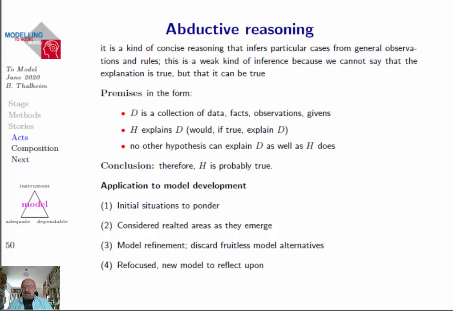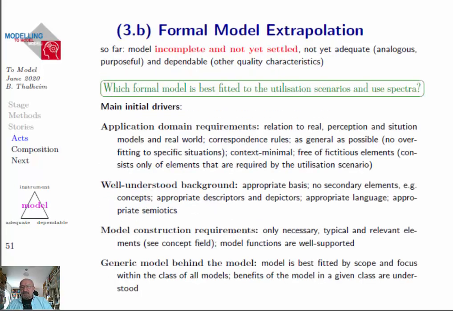In this case we can say, okay, fine, based on the premises, then our hypothesis is probably true. This can be properly applied to model development. Again, the claim is we have not to do it in this formal logical way, but this formal logical way can support our reasoning.